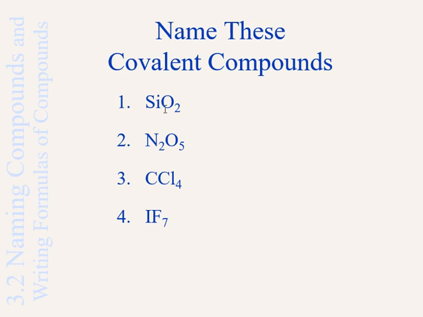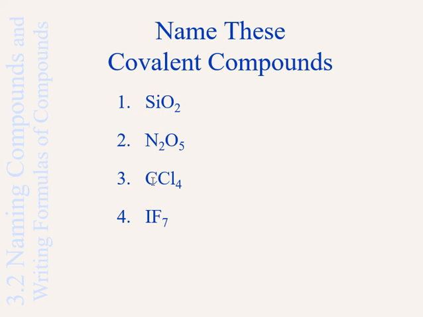So this is silicon, this is oxygen, but we have two of these. So we call this silicon dioxide. What about this? Well, we have two nitrogens, so we have to specify that in the name, and five oxygens. This is called dinitrogen pentoxide.